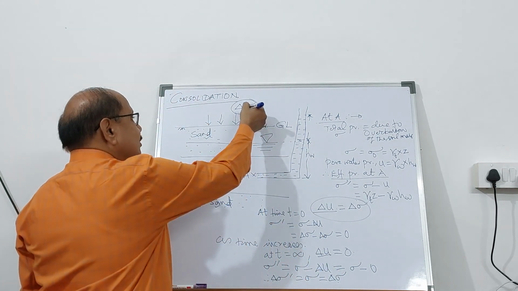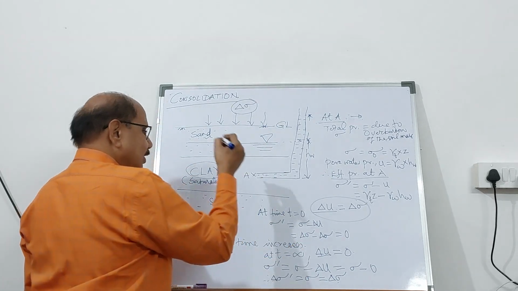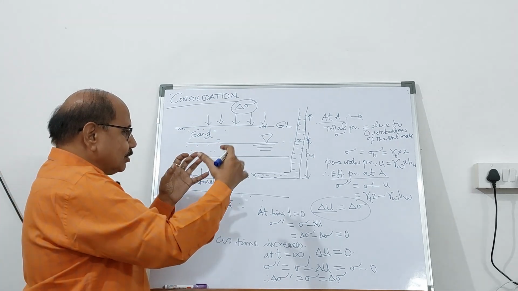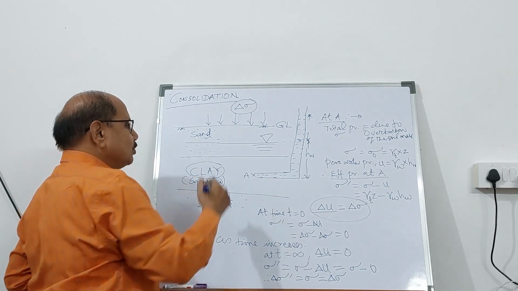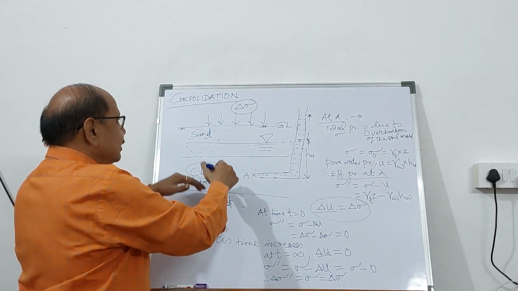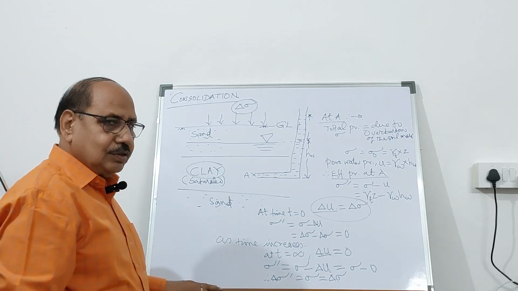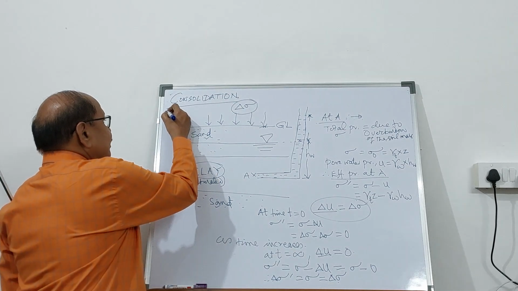So whatever you have applied has now gone to the soil skeleton, and because the water has transferred that pressure to the soil skeleton, the soil is going to settle, and that process is known as consolidation.